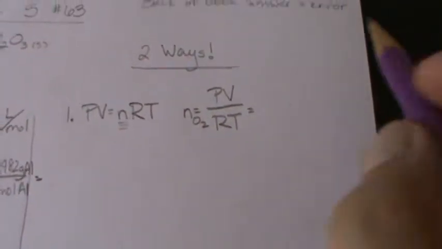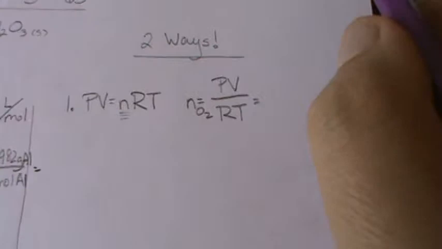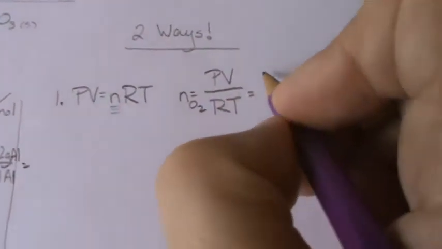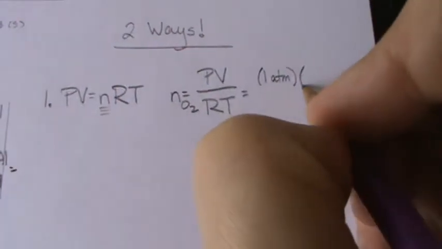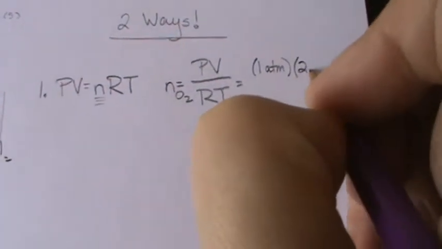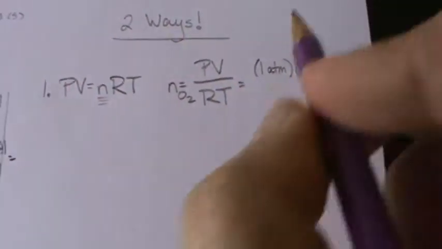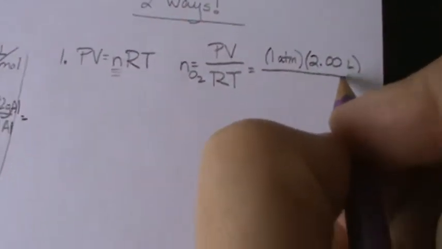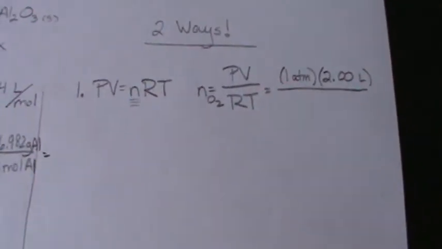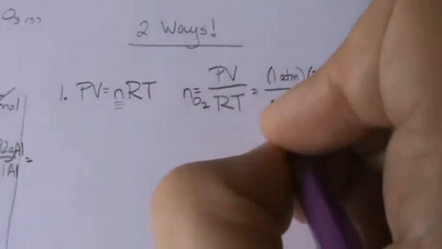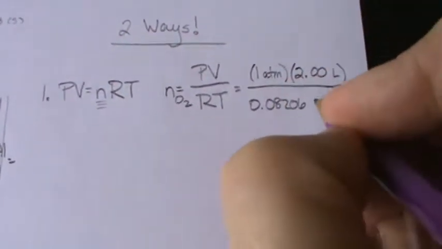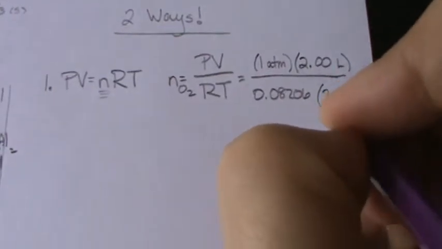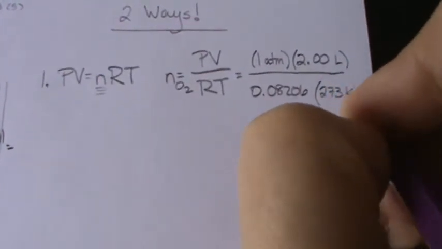This means our pressure is 1 atmosphere, and our volume, well, they tell us we have 2 liters, divided by 0.08206 times our temperature, which is 273 kelvins.